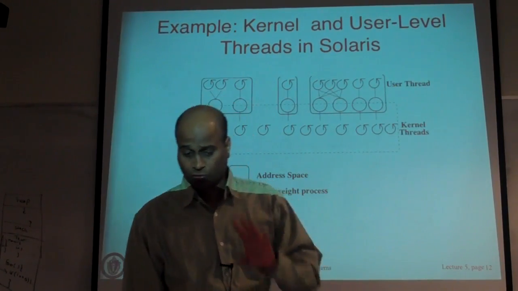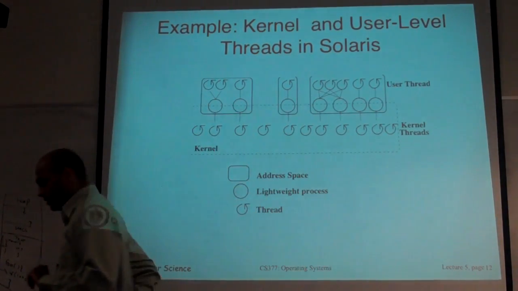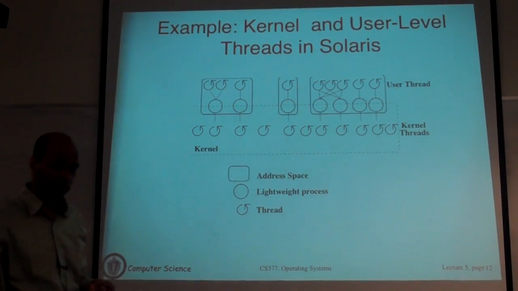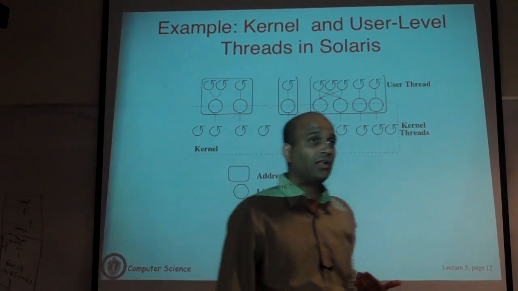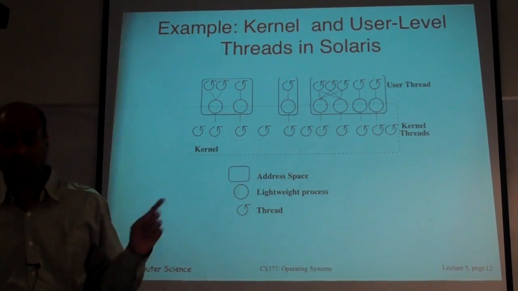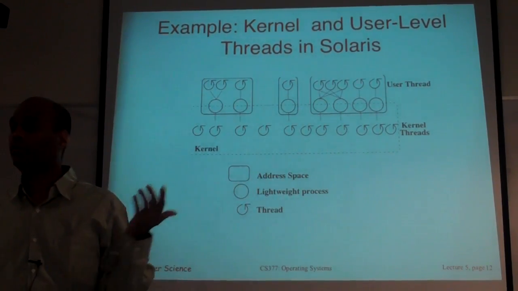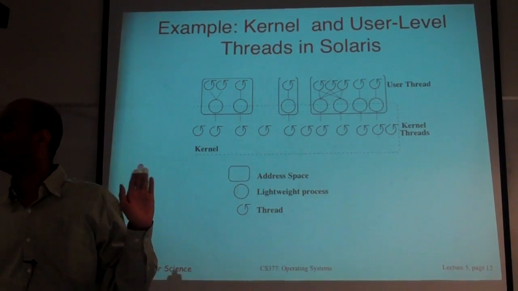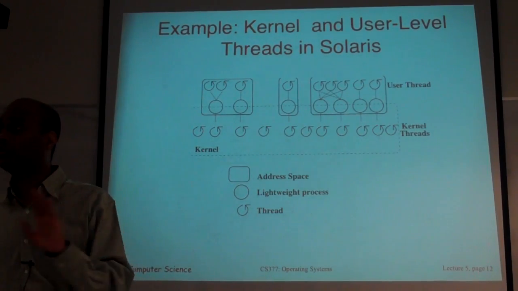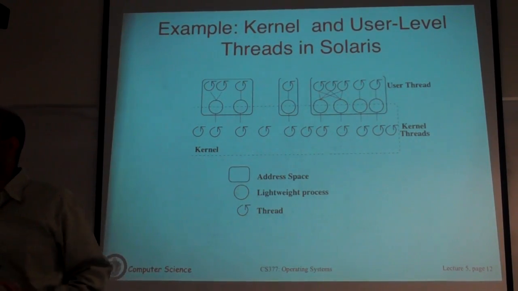Okay. So I'm going to talk about Solaris, a Unix operating system which was designed by Sun, now owned by Oracle. It's one of the few Unix systems that are still in existence. A lot of these innovations actually came from Solaris. Solaris implemented the first threading package, which eventually became Solaris threads, which eventually became pthread.